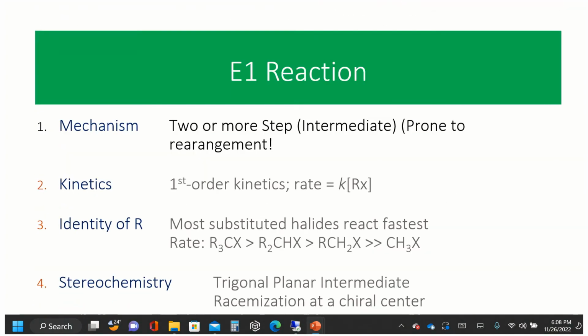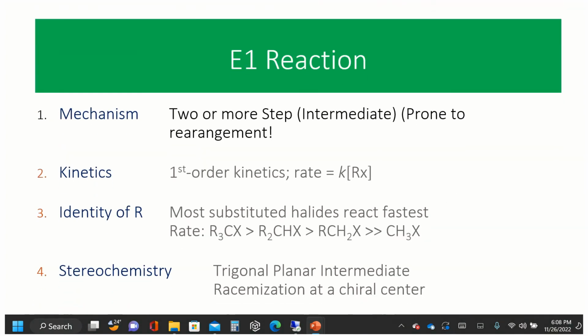In contrast, the E1 reaction goes through two or more steps, so therefore we go through an intermediate, and it is prone to rearrangement. We'll take a note of this in a few slides. It's first order kinetics, and of course the identity of the R group matters.